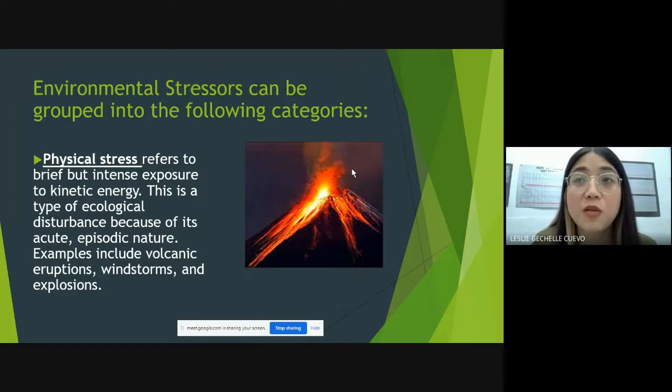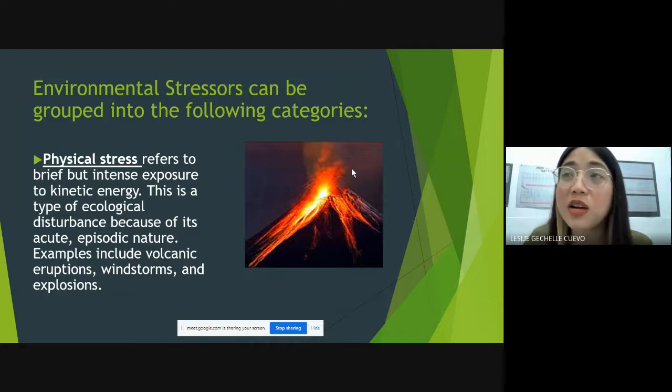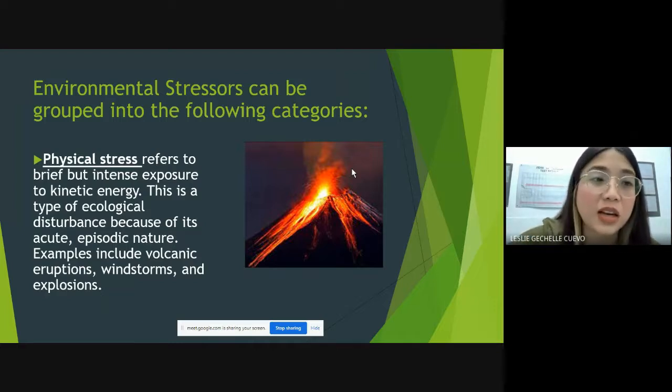So, merong physical, yun na nga, stress doon sa environment. Kapag sumabog ang bulkan, nagkakaroon ng lava flow. And then yung lava flow na yon, well, nagkukos nga ng paninira dito.